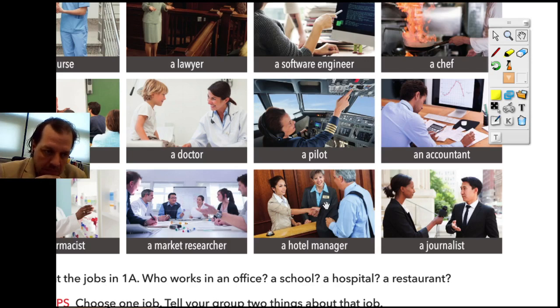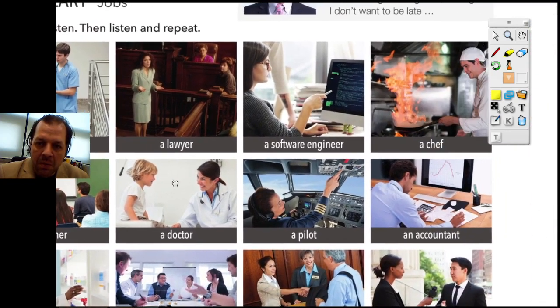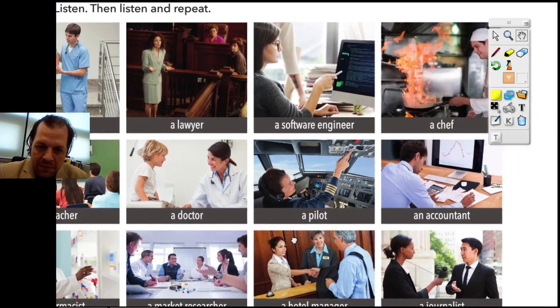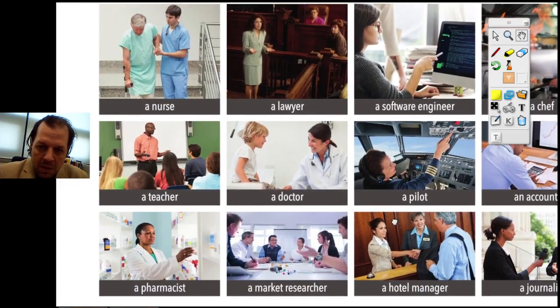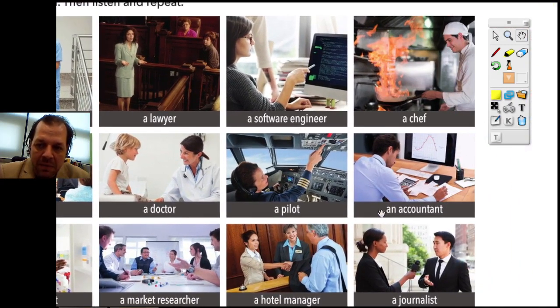Now, I don't have to repeat that because you are watching this as a video. You can always go back again and again to listen and repeat yourself. The one thing I wanted to point out here was that all of these jobs start with a consonant, not a vowel, except for accountant.